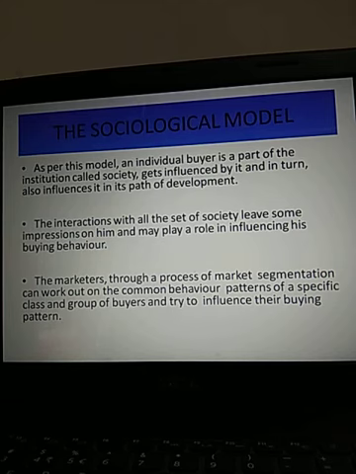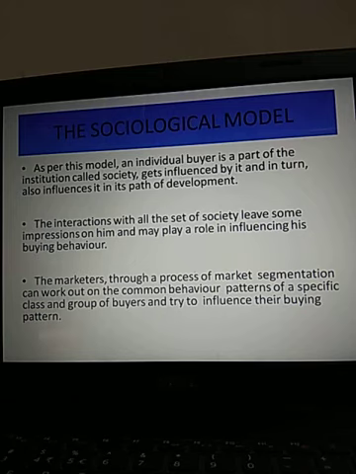So what do you call this model? The sociological model. As per this model, an individual buyer is a part of the institution called society. Gets influenced by it and in turn also influences it in its path of development. The interactions with the set of society leave some impressions on him and may play a role in influencing his buying behavior.